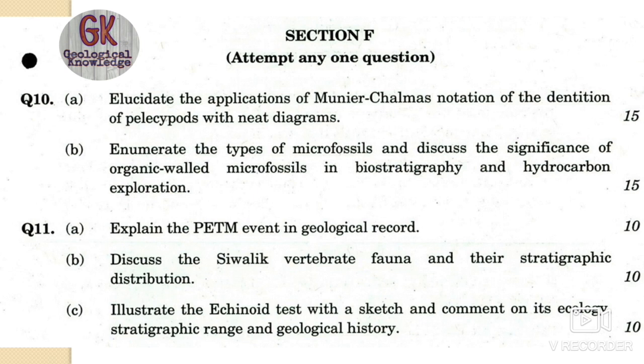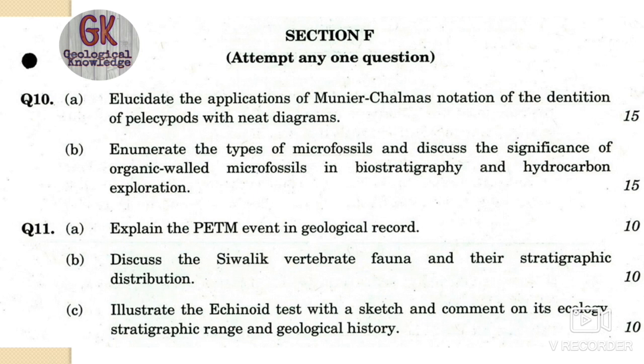PETM, I think that is related with the Paleocene-Eocene something, I don't remember the exact full form. And 11b is the discussion of the cephalic vertebrate fauna and their stratigraphic distribution. And 11c, the echinoid test: you have to sketch it and comment on its ecology, stratigraphic range as well as geological history.